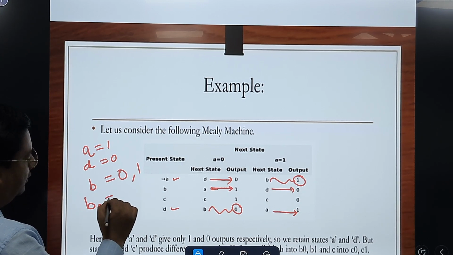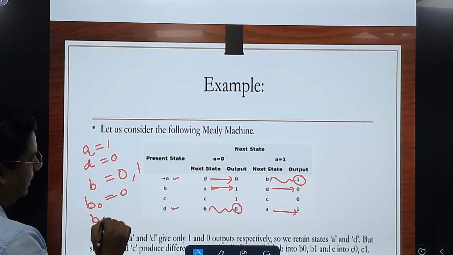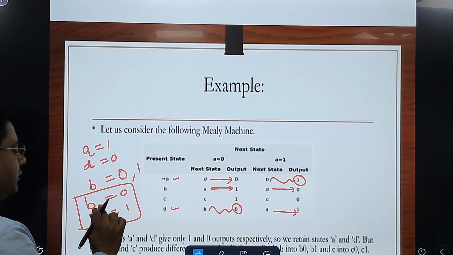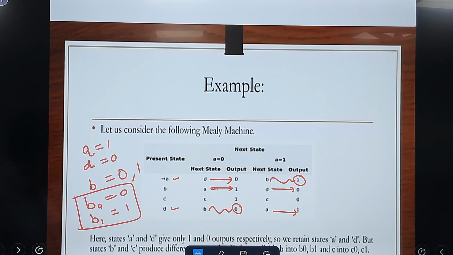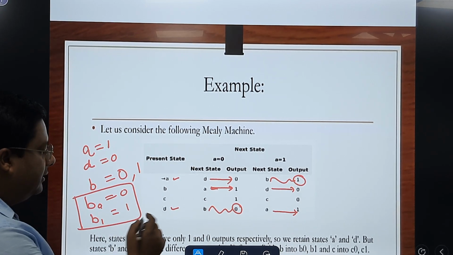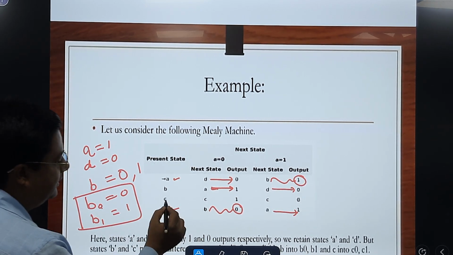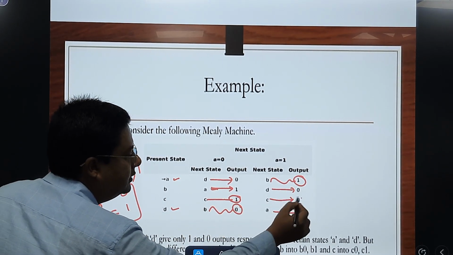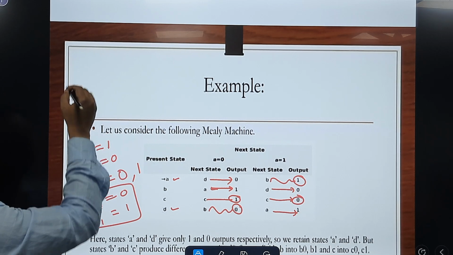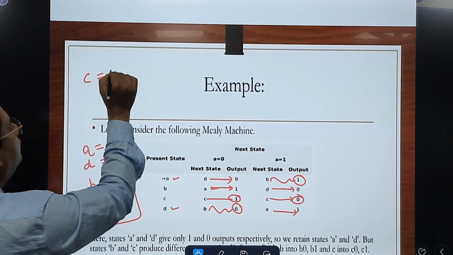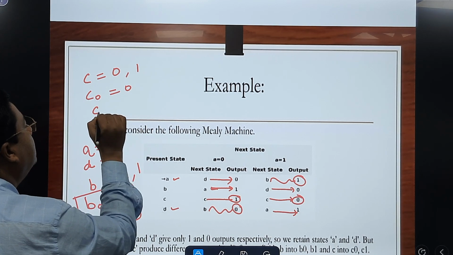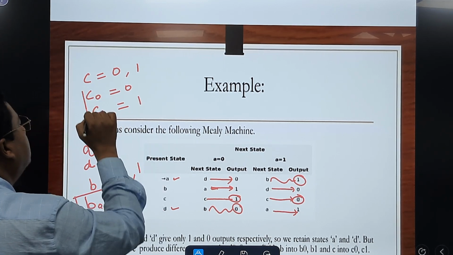B0 is equal to 0, and we will divide B into two parts like this: for 0 we will write 0, for 1 we will write 1. Next is C. For C, one value is 1 and the other is 0. It means we have the same problem: C has two outputs, 0 and 1. So we will write C0 for 0 and C1 for 1. So we will divide it.